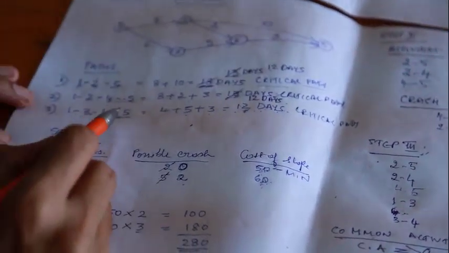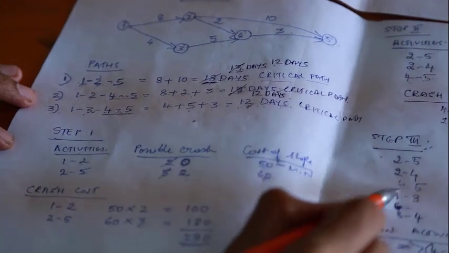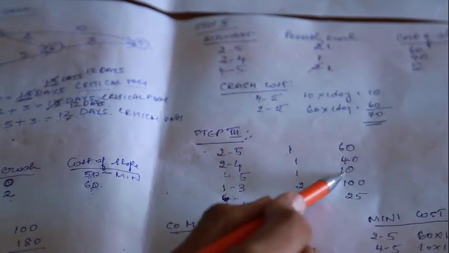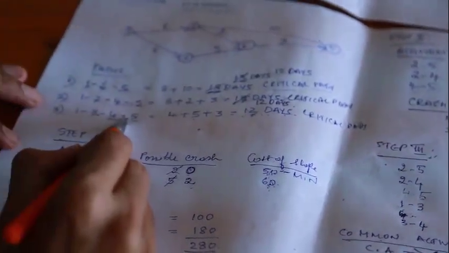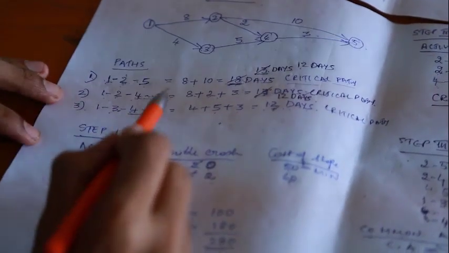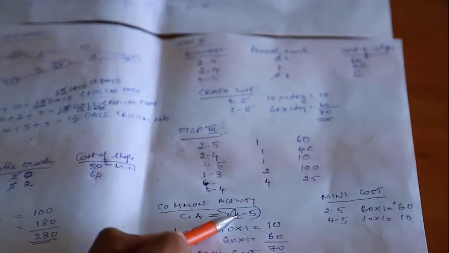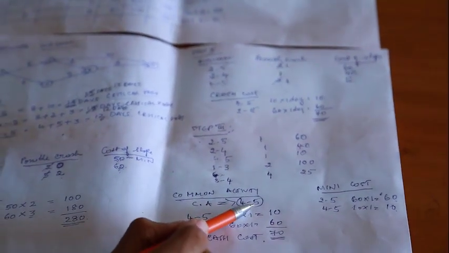Then 4 to 5 has got 10. Now 4 to 5 cannot be taken because it's already included in the common activity.